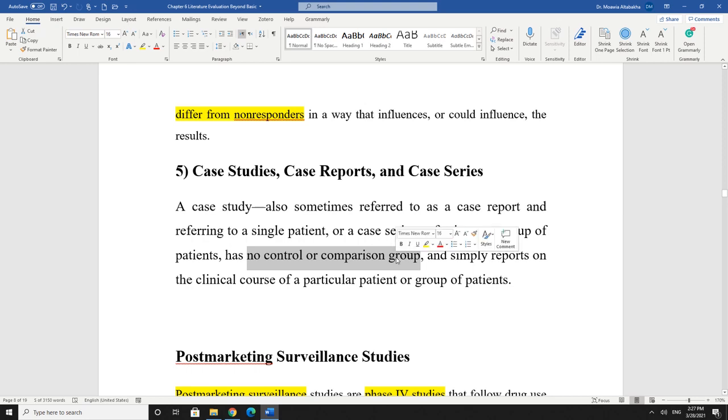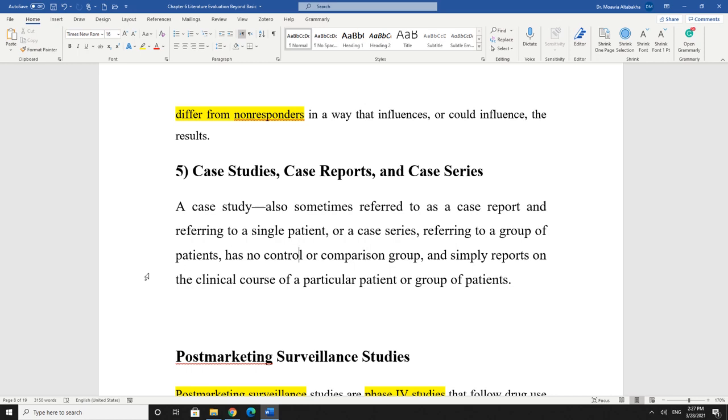They are just simply reports on what happened to a patient or group of patients when they were under treatment. Okay, now it doesn't mean that case studies or series are not useful.